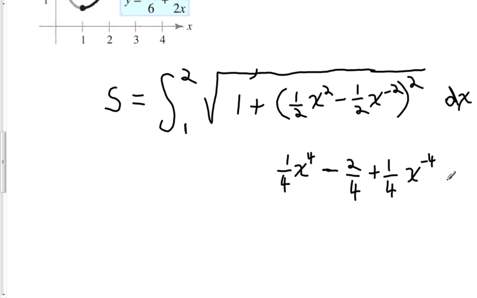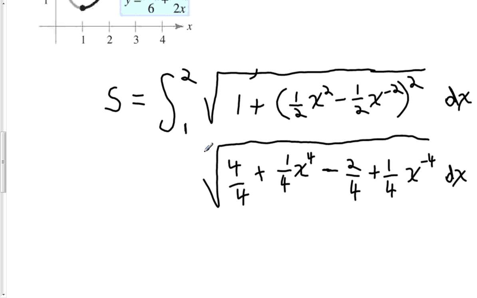So that's what we get when we FOIL all of that, and everything else remains the same. Since all the denominators are 4, I'm going to change this 1 into a 4 over 4. This is an equivalent integral. All I've done is FOIL and prepare to combine the fractions. So 4/4 minus 2/4 will give us a positive 2/4.